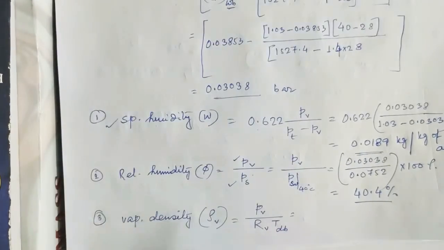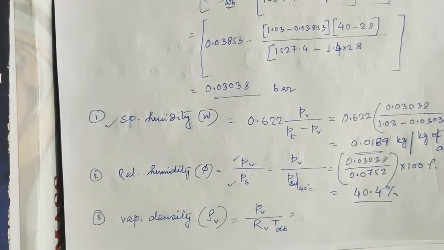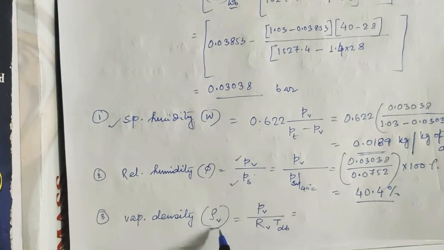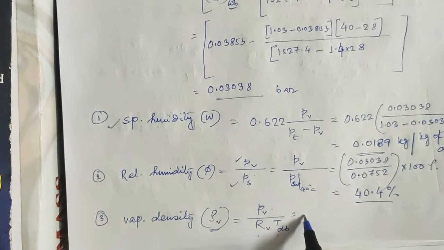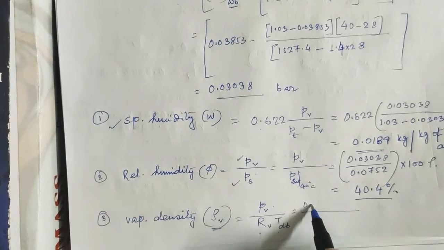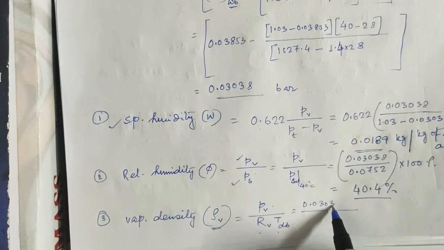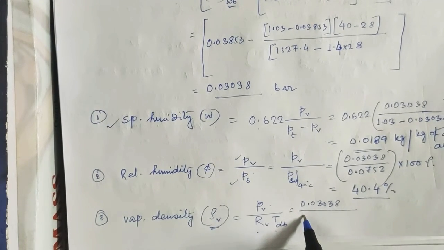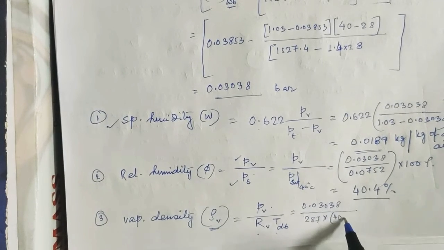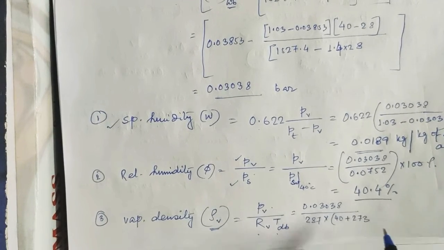Next you have to calculate vapor density. For calculating vapor density, we know from the ideal gas equation, PV equal to RT, or P equal to rho RT, so rho will be PV by RT, that is the partial pressure of water vapor, 0.03038, R value 287, 40 degrees plus 273.